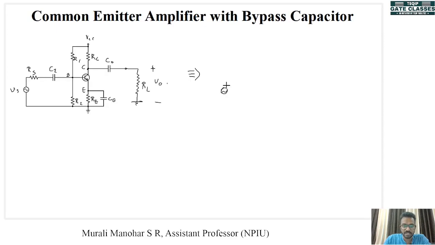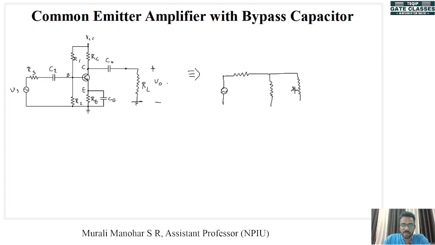We have our Vs, then there is our Rs, then the parallel combination of R1 and R2, and that parallel combination is connected to base. From here our equivalent circuit starts.